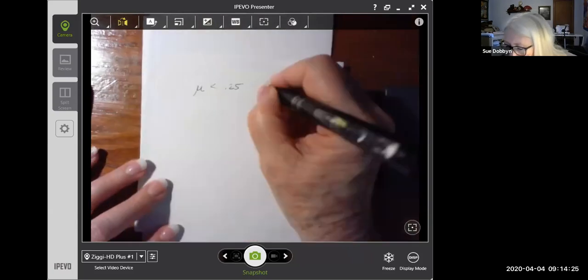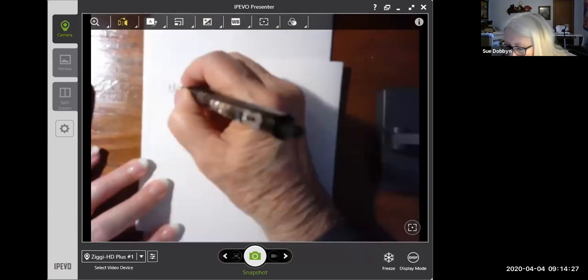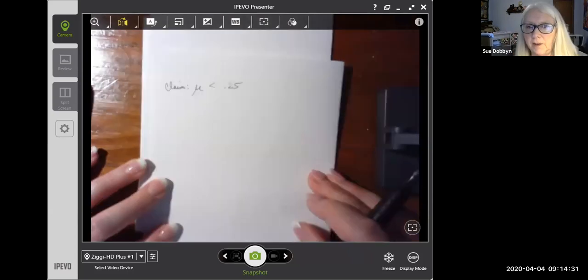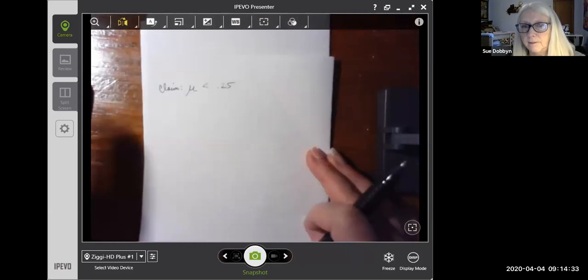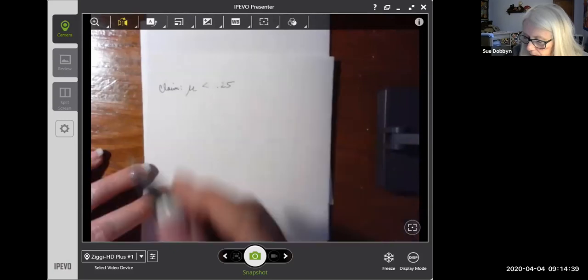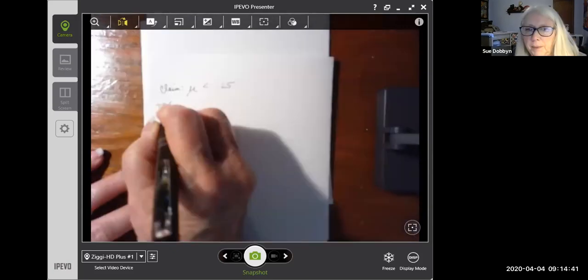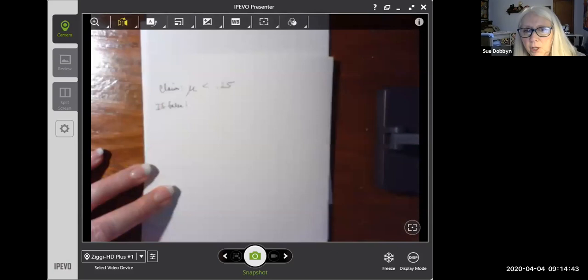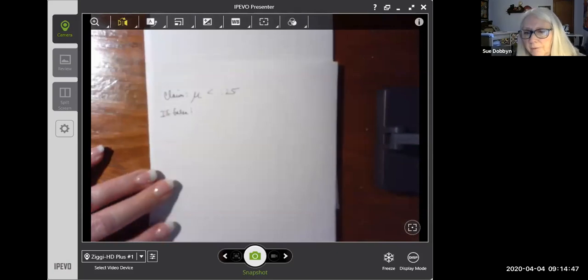It asks, what is the null and alternative hypothesis? Okay, so again, the first thing you have to do is write the if false statement. And your book calls this the complement statement. So what would have to be true if the claim was not true?